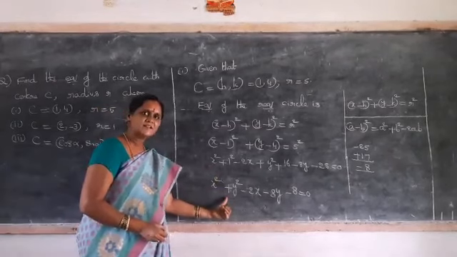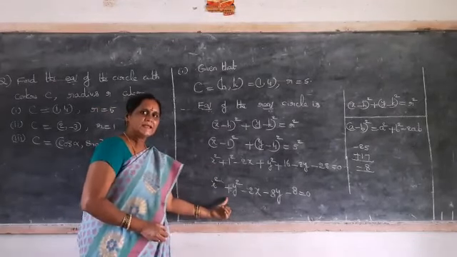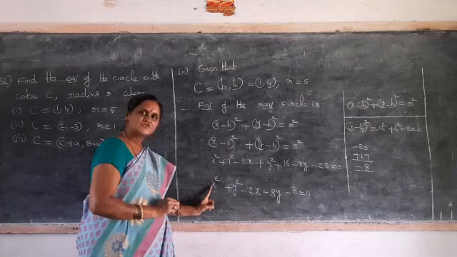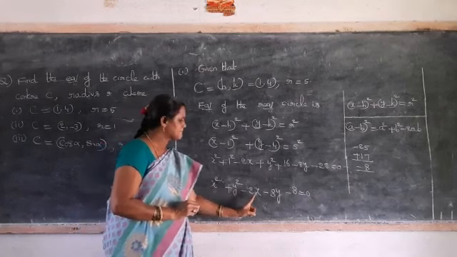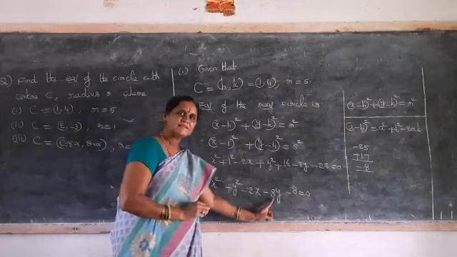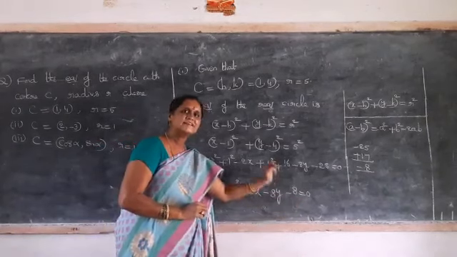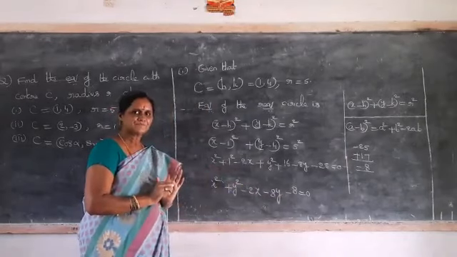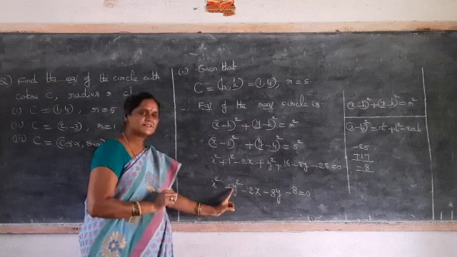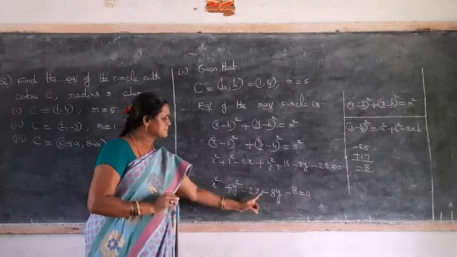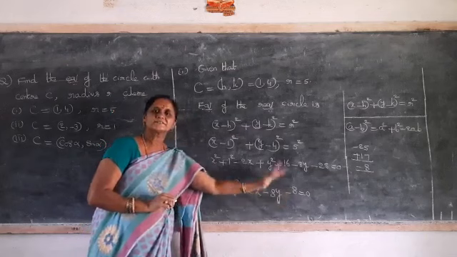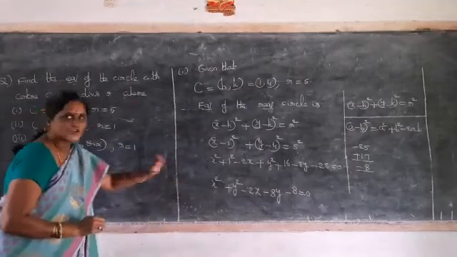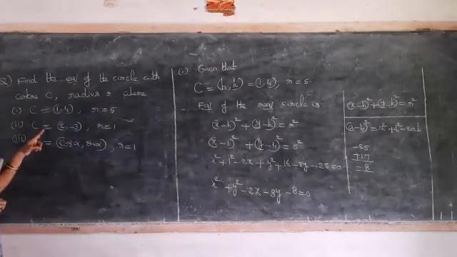From this equation we have to observe that in any equation of the circle the terms are x square plus y square plus x term plus y term plus constant term is equal to 0. మీరు ఏ సర్కిల్ ఈక్వేషన్ అయినా సింప్లిఫై చేయండి, చివరికి x స్క్వేర్ ప్లస్ y స్క్వేర్ ప్లస్ x టర్మ్ ప్లస్ y టర్మ్ ప్లస్ కాన్స్టెంట్ టర్మ్ ఈక్వల్ టు 0 వస్తుందన్నమాట. So this is the first solution. You do the second question as homework.